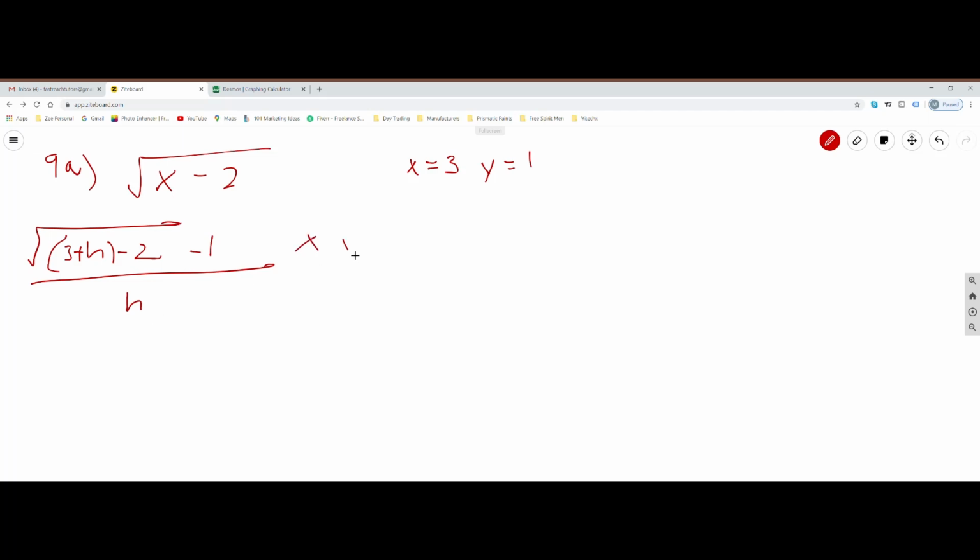Now you have to multiply by the conjugate.